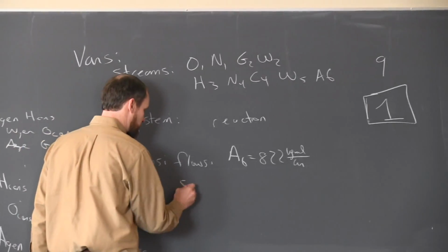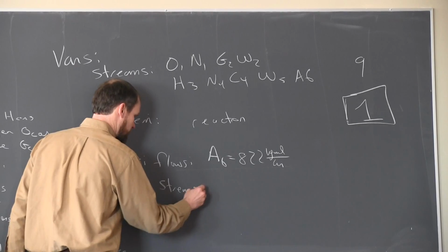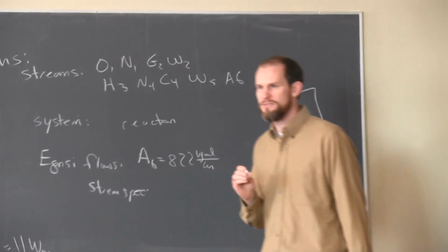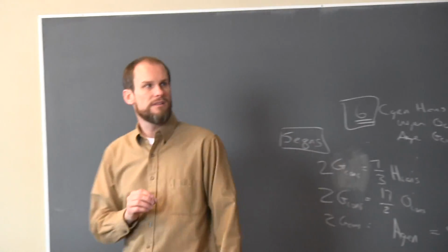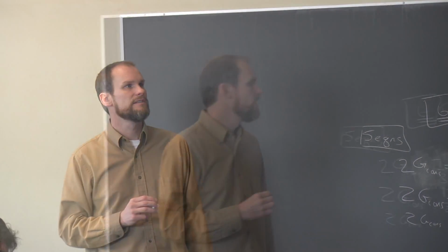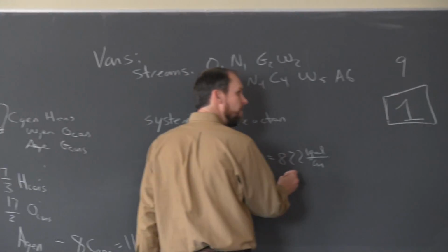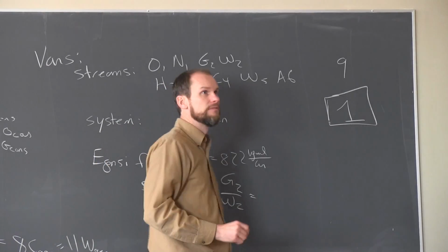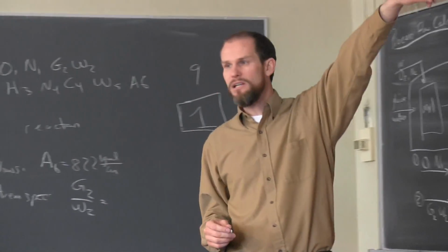How about stream specs? Stream composition specifications. Do we have any of those? 2. So the first one, glucose and water. So this is G2 over W2, 10 mg per mil.